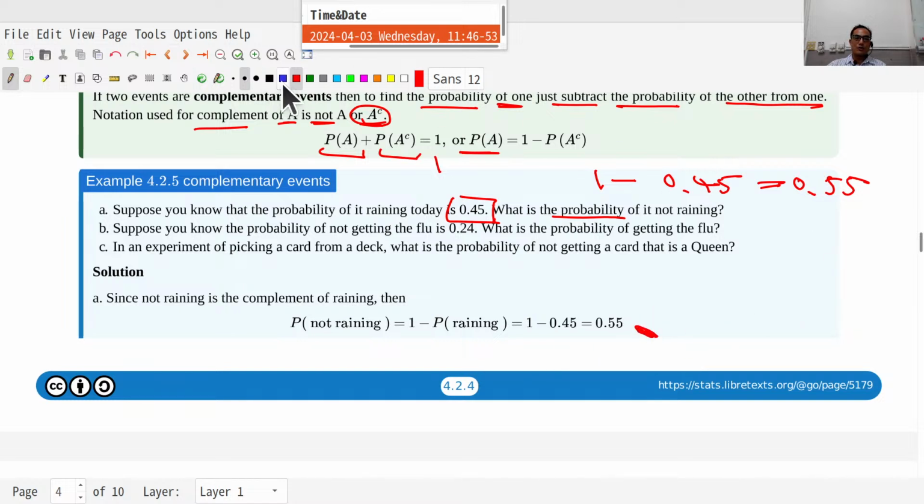And the second question: suppose you know the probability of not getting the flu is 0.24. So what is the probability of getting influenza? 1 minus 0.24, that is 0.76.